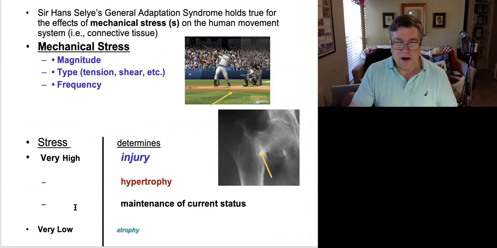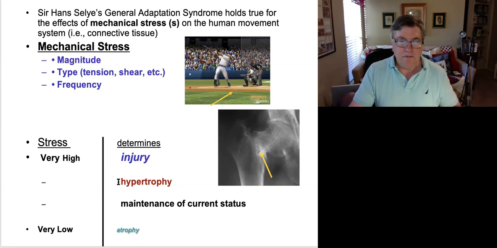You need a certain amount of mechanical stress just to maintain current status. Too low causes atrophy of muscles, tendons, ligaments, cartilage, and bone. Each one is going to atrophy at its own rate. It may surprise you to learn that cartilage actually atrophies the fastest. Skeletal muscle is kind of next, and then bones, tendons, and ligaments.